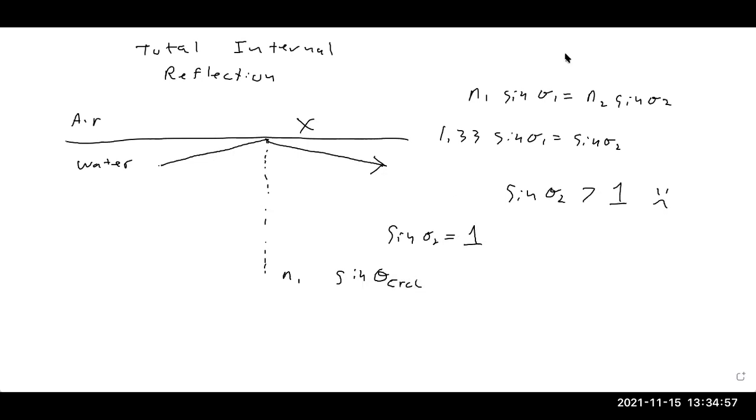So the critical angle is just the transition between some of the light being able to escape from material and all of it being trapped.